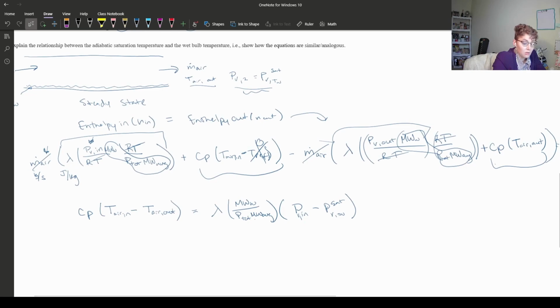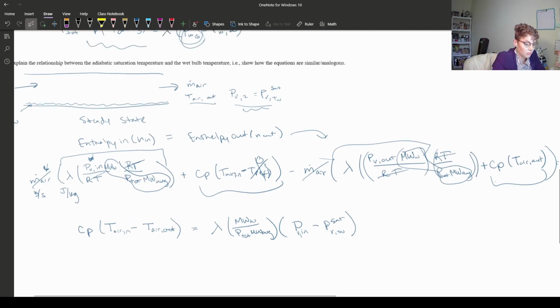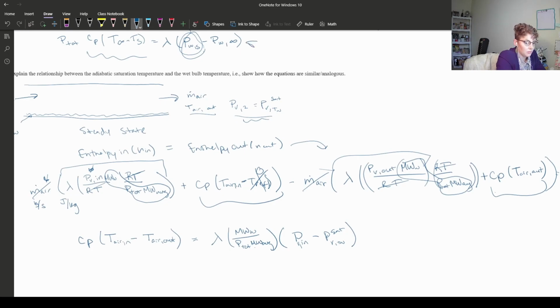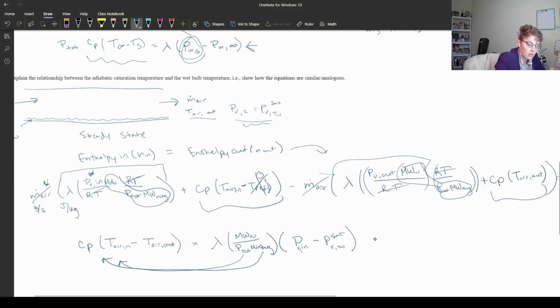Once again, just for ease of not rewriting it. But we are going to end up rewriting it because we want this to be comparable to our wet bulb temperature up here. So we can move our P total over here and our molecular weight average over here. I'm just going to rewrite it over here.